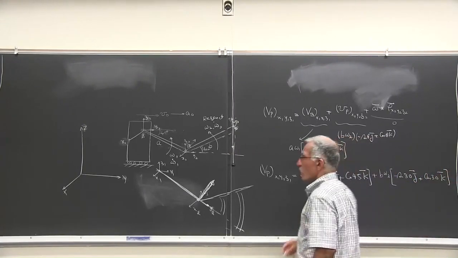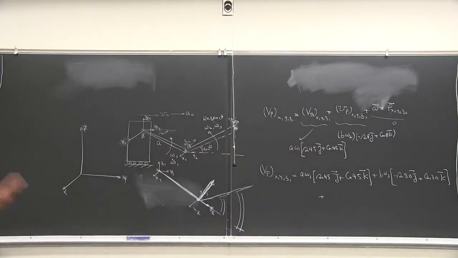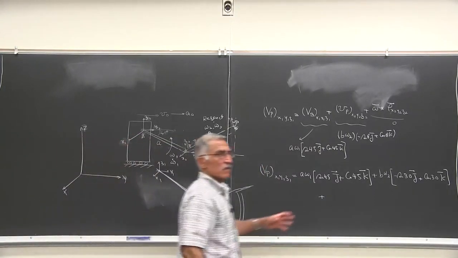But this time your auxiliary reference frame is being twisted, because the second arm rotates with respect to the other arm. So this time you cannot say that this term is 0.